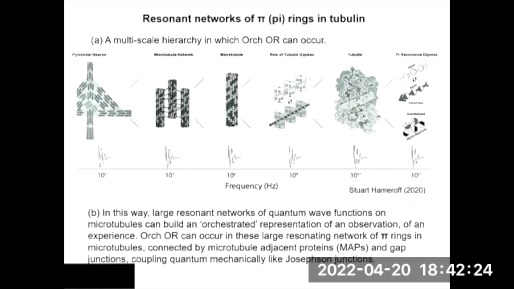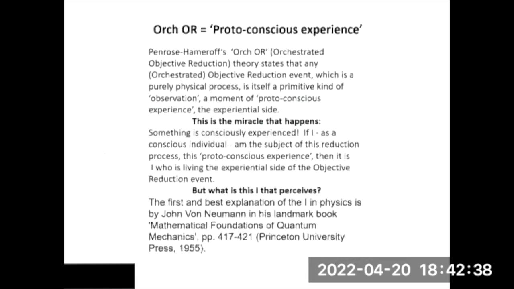So here you have kind of an image of the bigger structure that you could get. And so you get large resonating networks of pi rings.